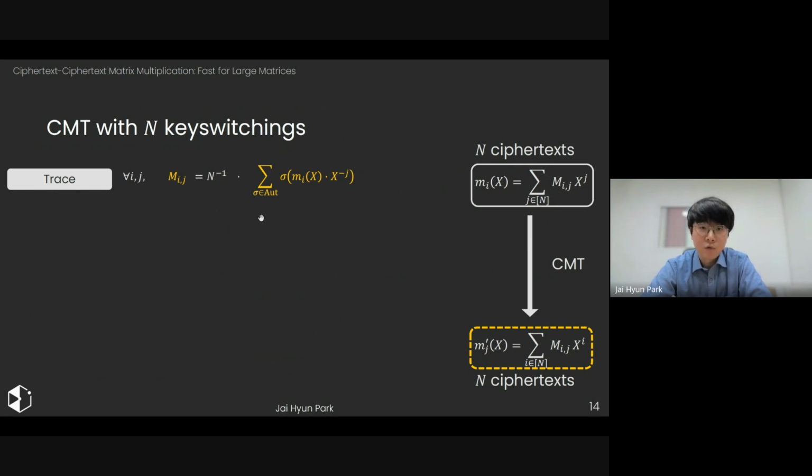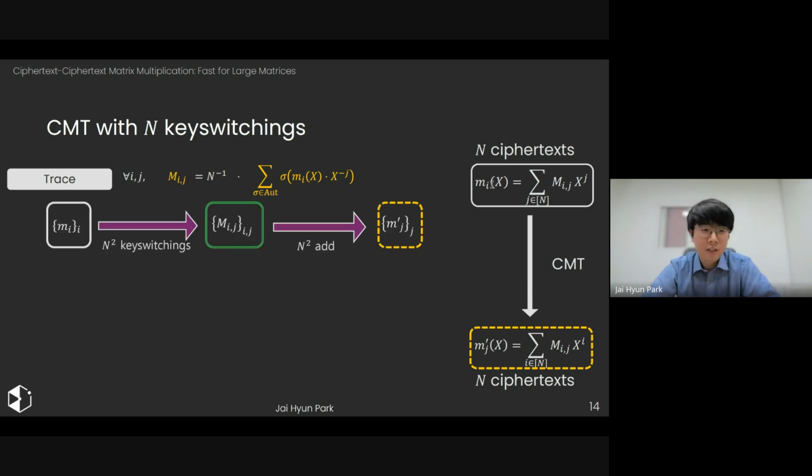During the computation, you can key-switch the ciphertext with all the automorphisms, and once you sum the results, you get the constant term of the polynomial. If you do that for the polynomial M_i times x to the minus j, you can extract the jth coefficient of the polynomial. By using that, you can extract all the elements M_ij from the given row-wise encryptions.